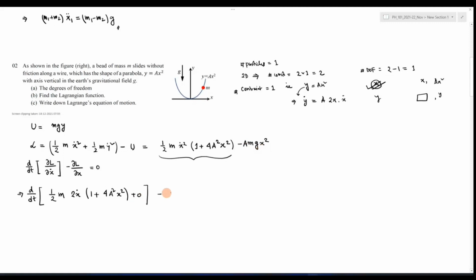Next, minus dL/dx. So for dL/dx, this first term is only 1 into half m x dot square, which will give us 0. But this second term is containing x squared, so it will give some non-zero value. So we will write this. Half m x dot square is already multiplied to this, into 4a square into 2x, minus a m g into 2x.